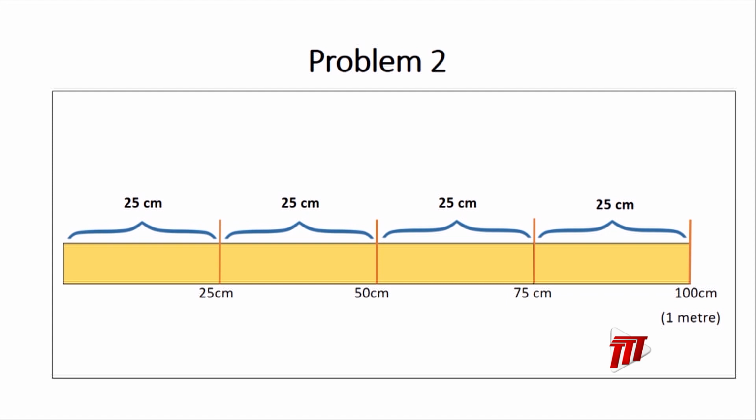And as we see there, 4 sets of 25 are in 100. So the piece of string, which is 25 centimeters long, is 1 out of 4 parts of a meter, or 1/4 of a meter.